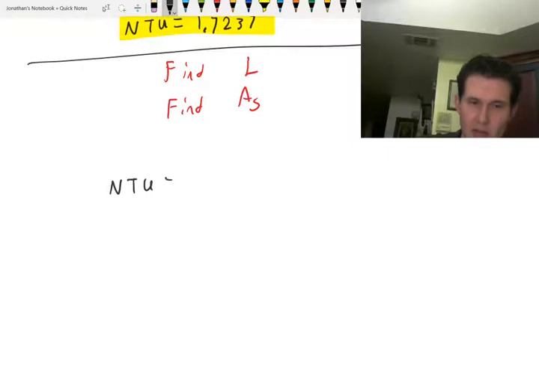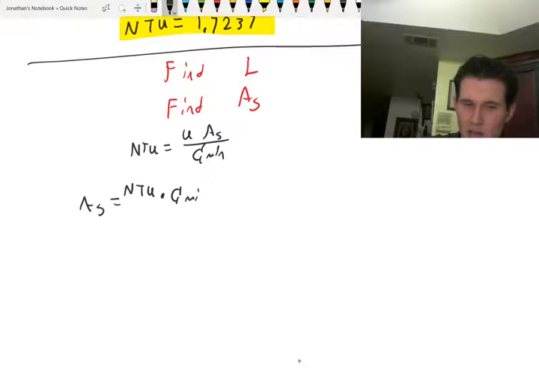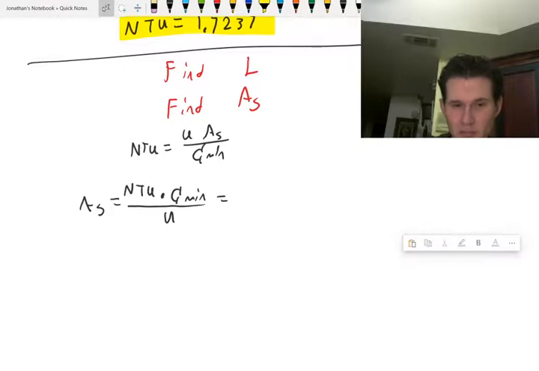So remember this equation we have that relates everything together? Now we want to solve for AS. What is AS equal to? Well, we look up here. AS is going to be equal to NTUs times our Cmin over our overall convection coefficient U. What else is the surface area for the pipes also equal to?